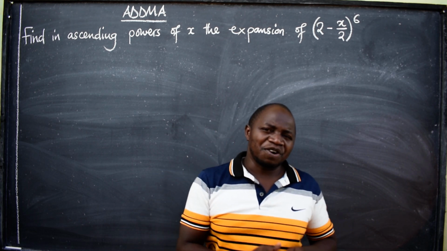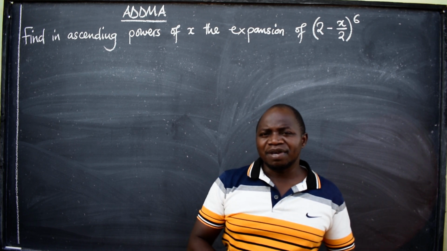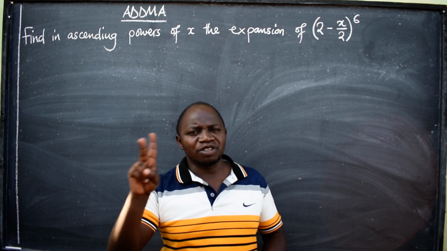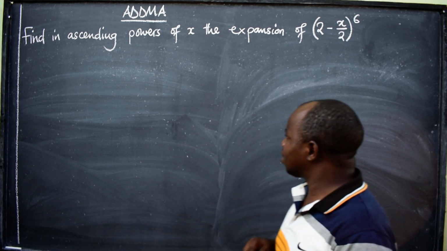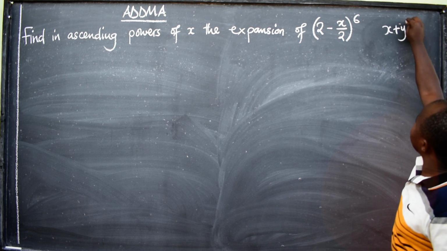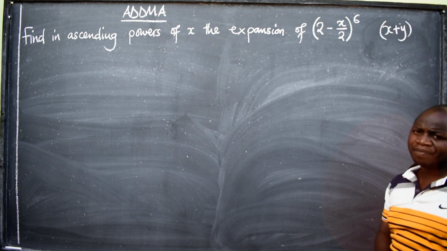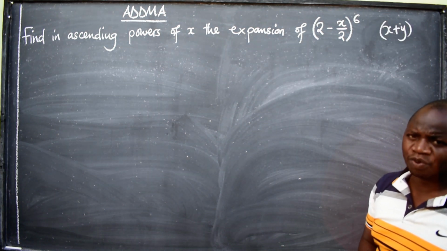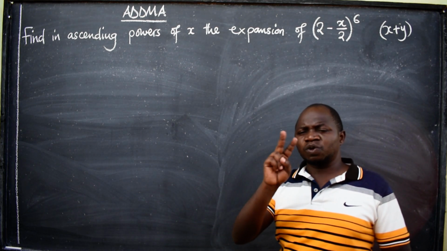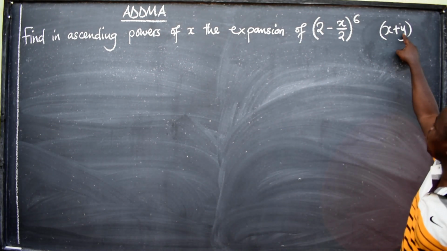The term binomial means an expression with two terms. Bi means two. So, take for example, x plus y. That is an expression with two terms, 1, 2.